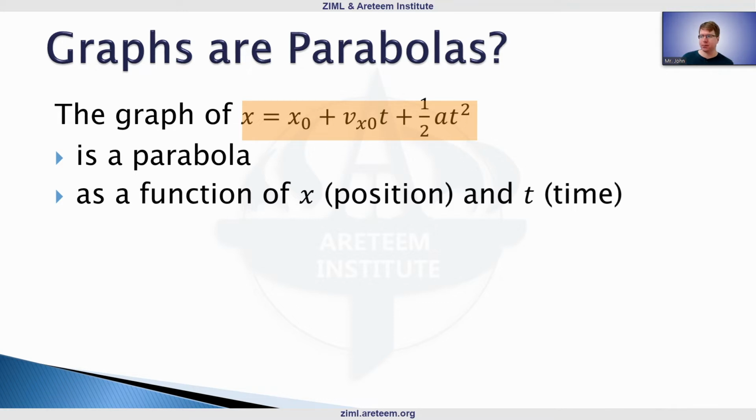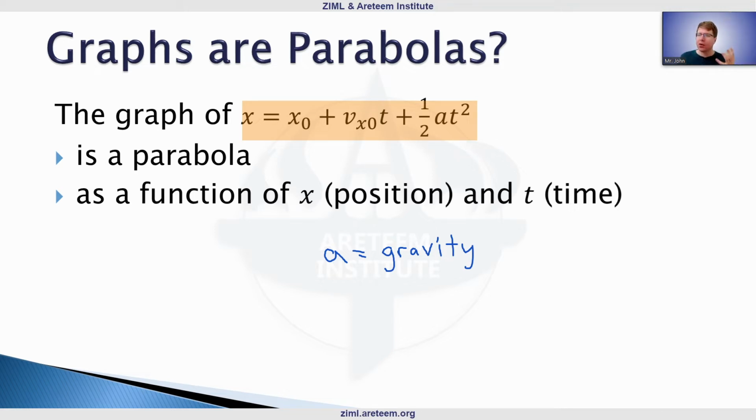Now, one other thing I want to mention here is that for our purposes today, and most of the purposes for physics, the typical example is that A is going to be equal to gravity. So we're typically doing, okay, a ball is thrown or a ball is dropped or things like that.